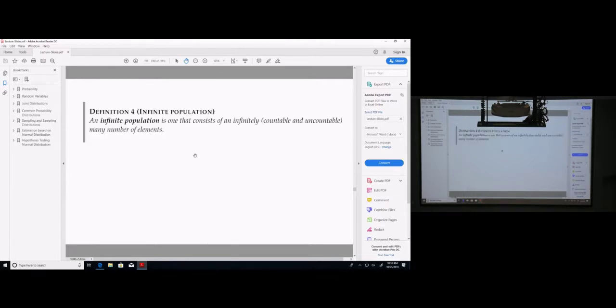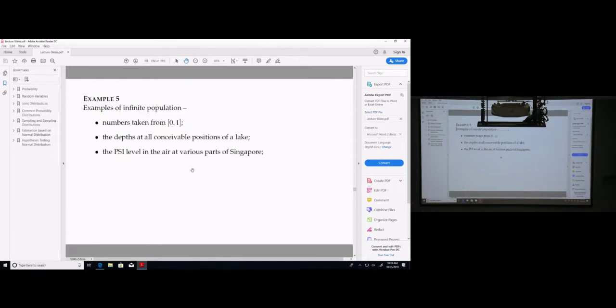An infinite population is one that consists of infinitely many elements. Now, infinity can be classified into many kinds. Two broad classifications are countable, meaning that 1, 2, 3, 4, 5, you can enumerate them, and uncountable, where there are so many that you can't even enumerate them.